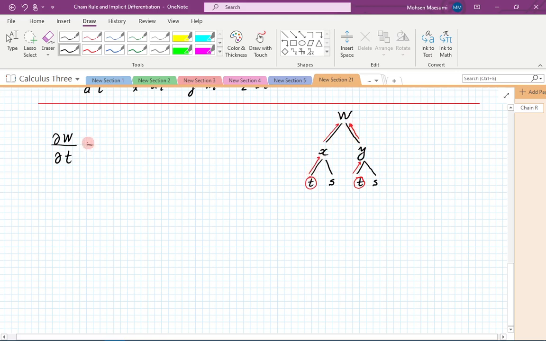So this becomes partial of w with respect to x times partial of x with respect to t. That follows the trajectory here. We have a second trajectory, and the contribution from that is going to add to the first one. So partial of w with respect to y, times partial of y with respect to t.